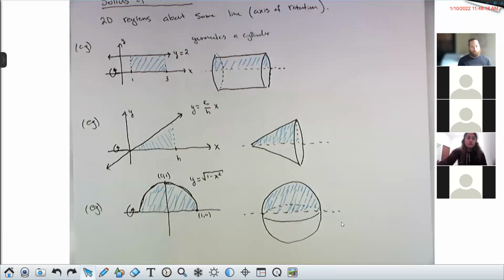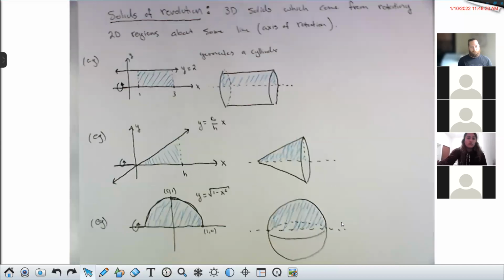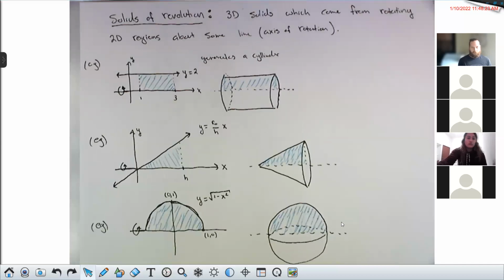First, are there any questions about where any of these 3D solids came from? How we're getting them as these rotated things? Okay.